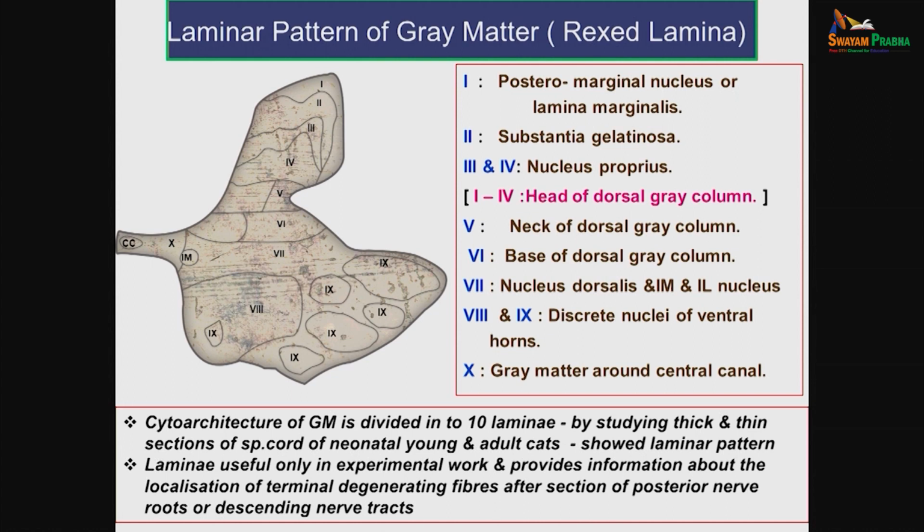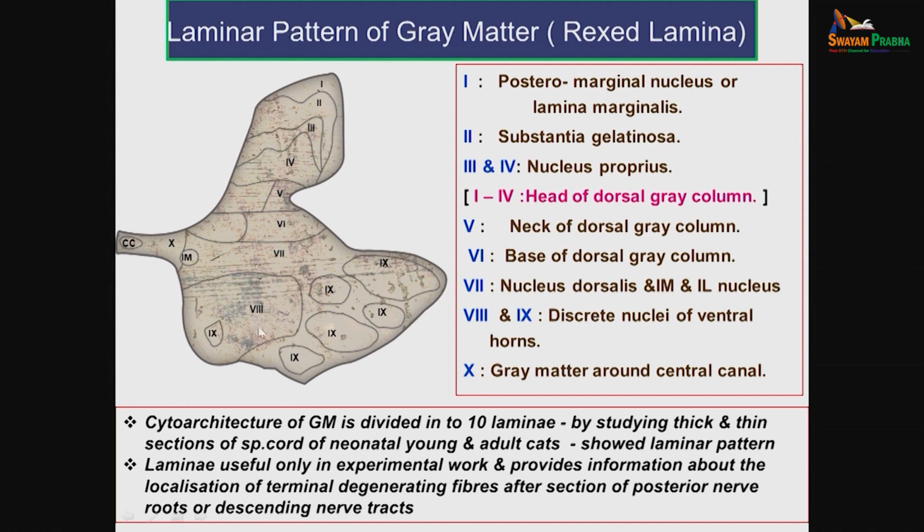5 is neck of dorsal grey horn. You can see in this picture, this is 5. 5th lamina is neck of dorsal grey horn. 6 is base of dorsal grey horn. 7 is the nucleus dorsalis, and also this intermediate region we talked about 2 nucleus, intermedio-medial and intermedio-lateral nucleus. 8 and 9 we talked about various nuclei in the ventral grey horn, medial group, central group, lateral group.